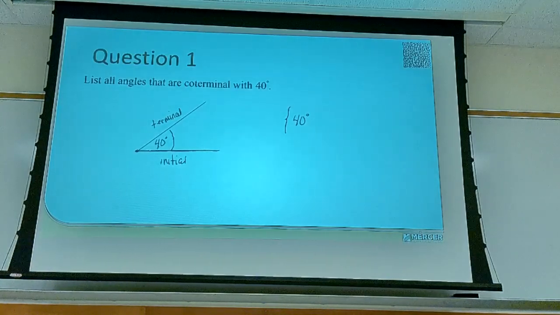It's the set of all angles of the form 40 degrees plus a multiple of 360 degrees. And obviously an angle would be coterminal with itself, so 40 degrees is listed in that set. These would be all your coterminal angles.